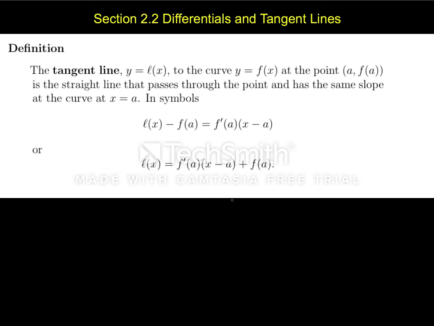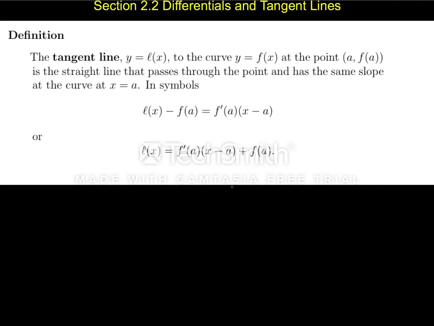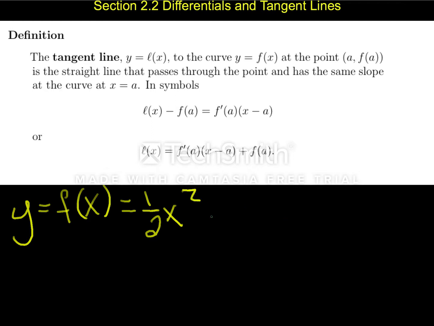So if we take an example, we can compute, say, the tangent line to the curve y equals f of x, which will be, say, 1/2 x squared minus 2x plus 7/2.